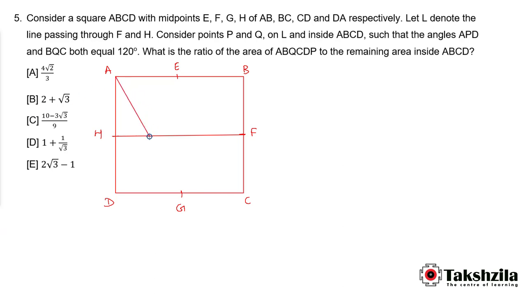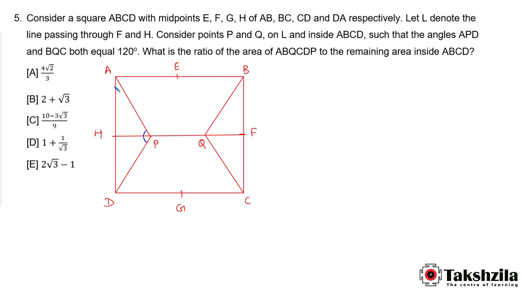So that point P is going to be somewhere here. And that point Q, angle BQC is also 120 degree. So over here this is point P, this is point Q, such that this angle becomes 120 degree.